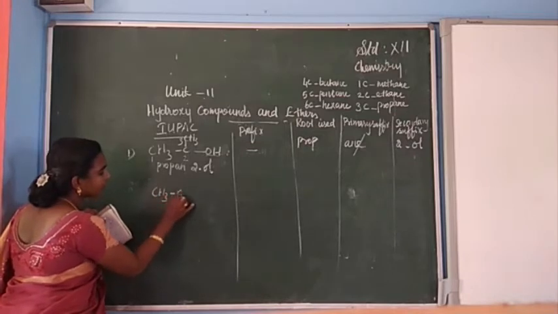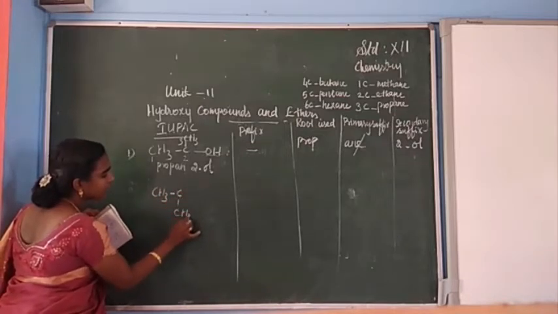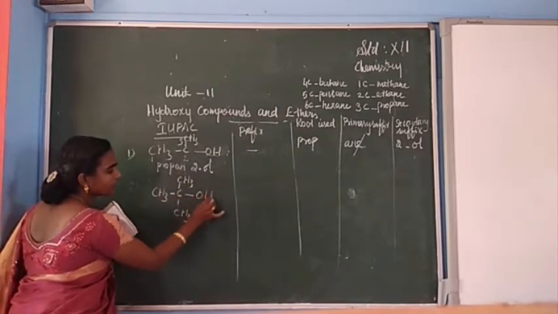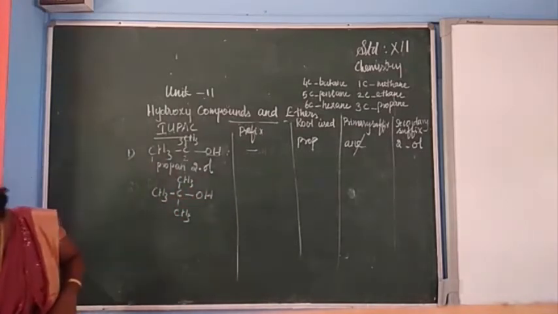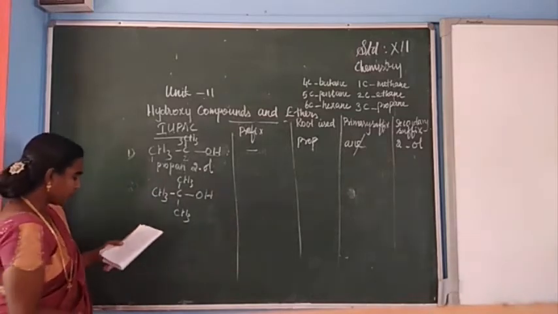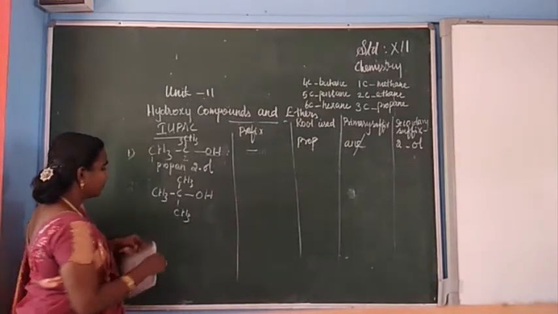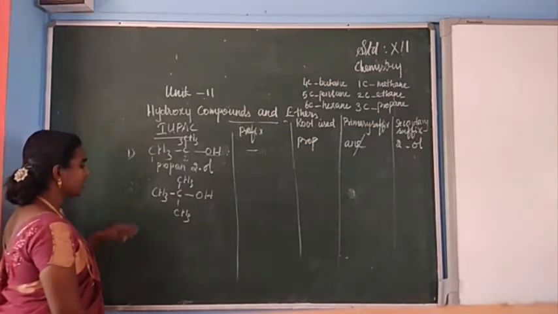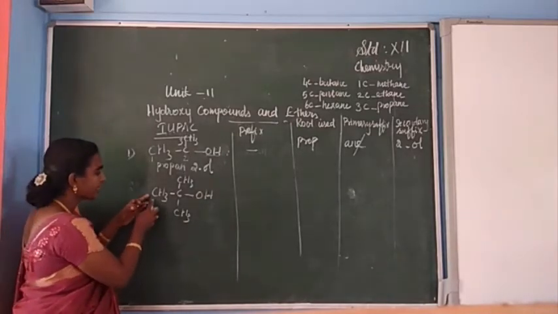CH3, C, CH3, CH3 OH. When you consider this example, we have to select the way in which the longest carbon chain. What are the ways there?